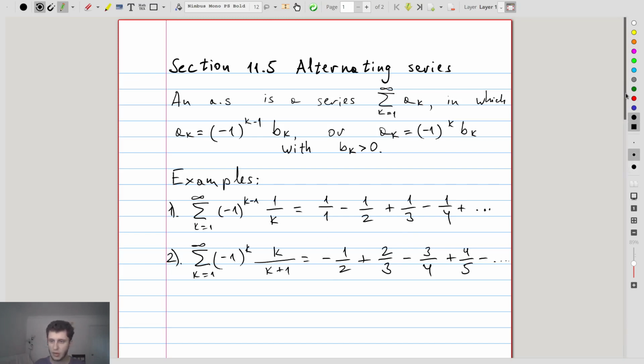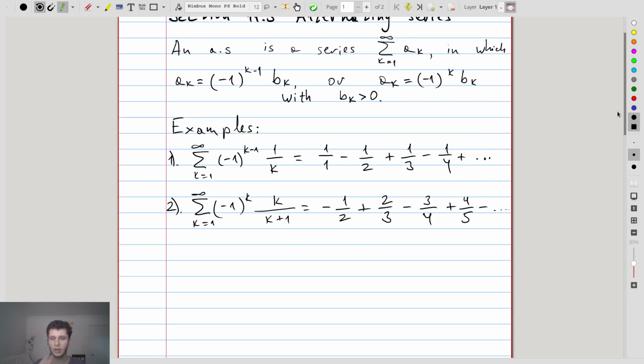And so it turns out that for alternating series, you can obtain convergence under quite weak assumptions on b_k's. Take this series for example: without the alternating sign factor, it is just the sum of 1 over k, and that's the harmonic series which is divergent. If it were not for the alternating sign, all the terms would accumulate and the partial sums would go to plus infinity.